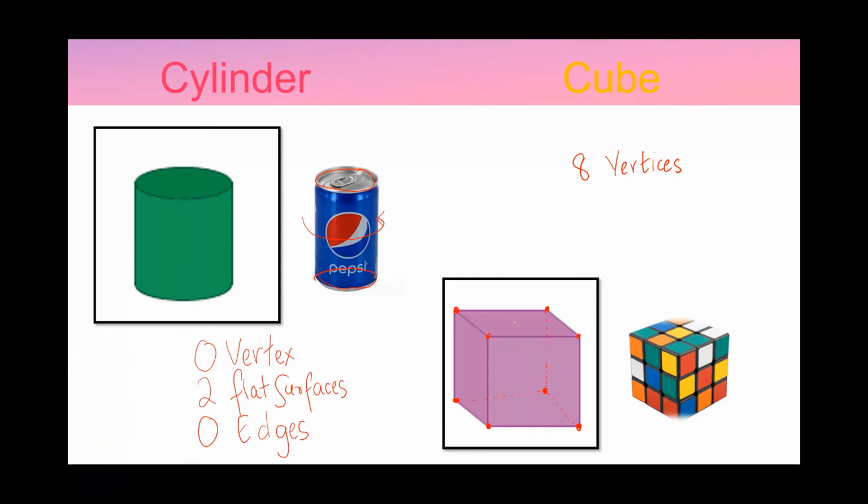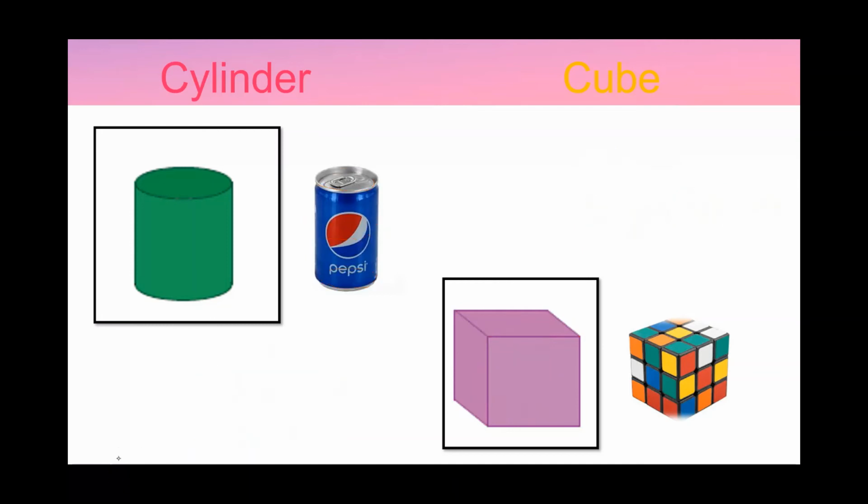So here, as you can see, the top 1, bottom 2, the sides 3, 4, and then back 5, and the front is 6. So 6 flat surfaces.